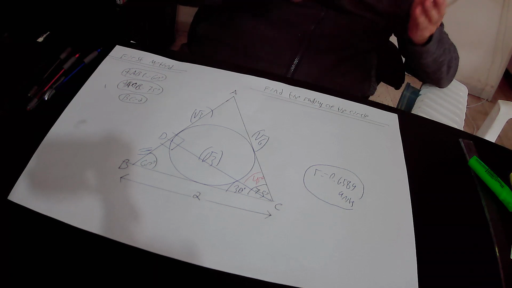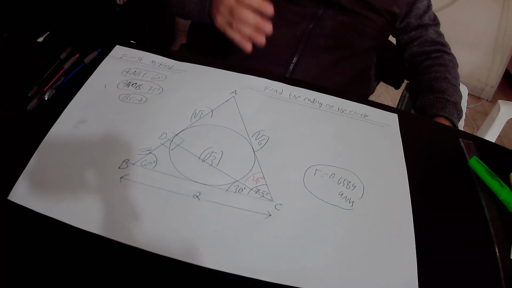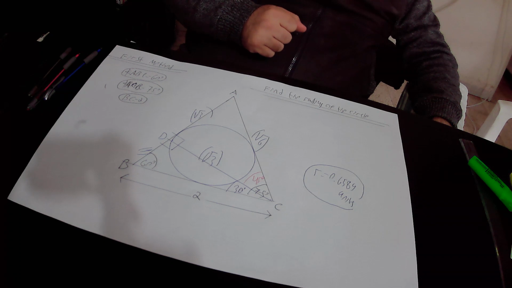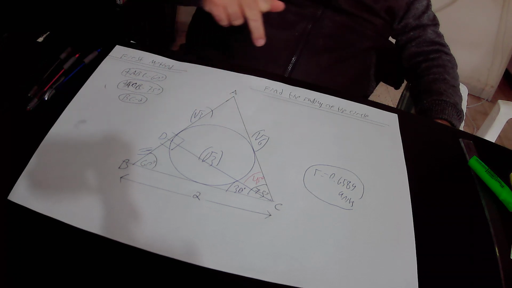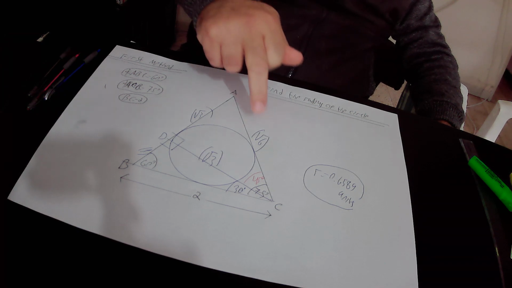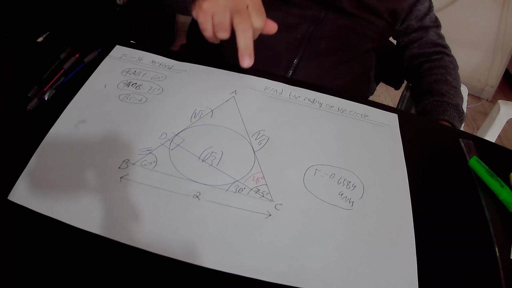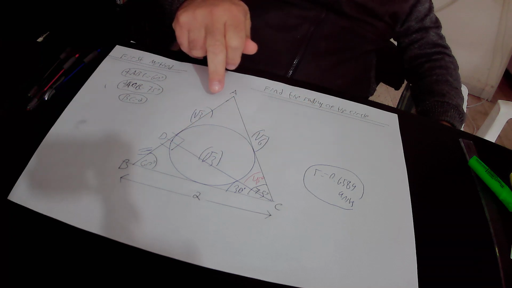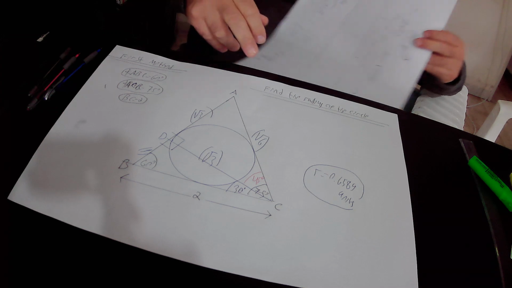Whenever you have a circle that is described by a triangle, you can implement rule number 15 in that circle. So here we can implement rule number 15. According to rule number 15, the radius R of this circle, that is the radius that we are looking for, equals the area of triangle ABC over the semi-perimeter of the same triangle ABC that blocks this circle.